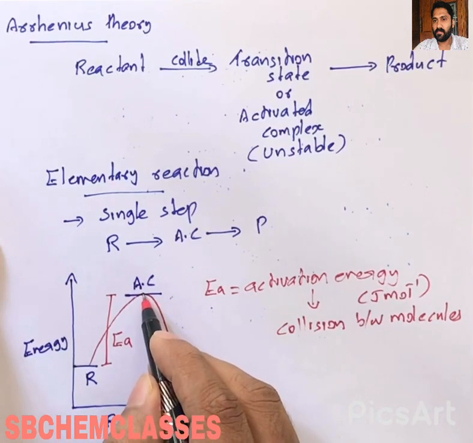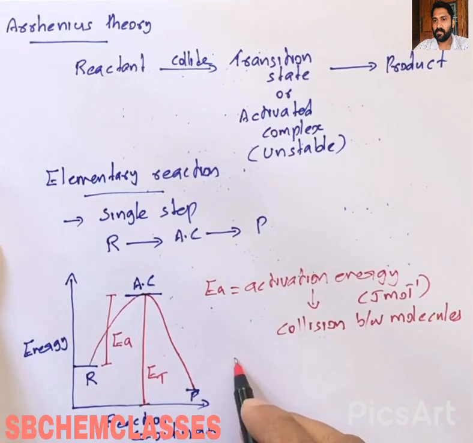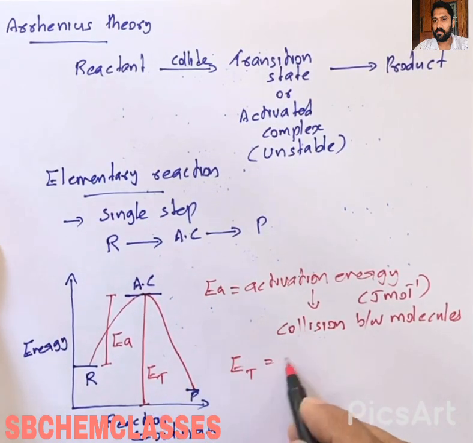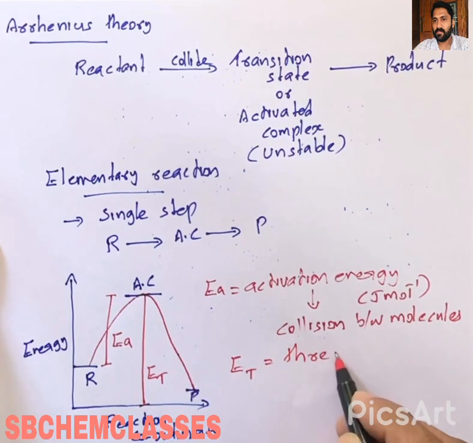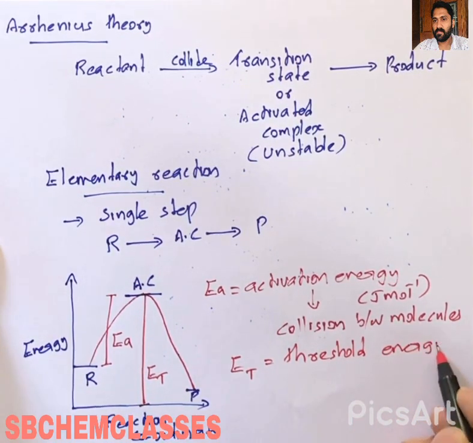So the total energy can be represented as ET. This ET is known as threshold energy. Threshold energy is the minimum energy that reactant molecules should have at the time of reaction.